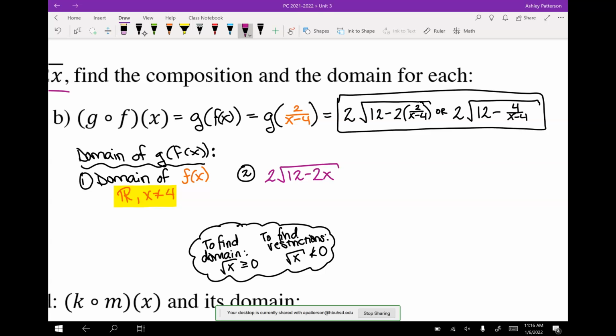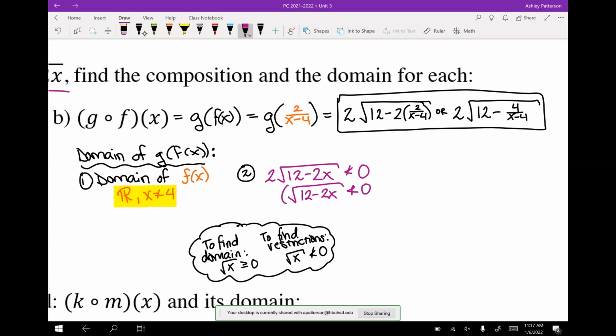Okay, so let's set this not less than 0. Let's find the restrictions. Go ahead and divide by 2 with me, please. So we get the square root of 12 minus 2x cannot be less than 0. What do I do again here?